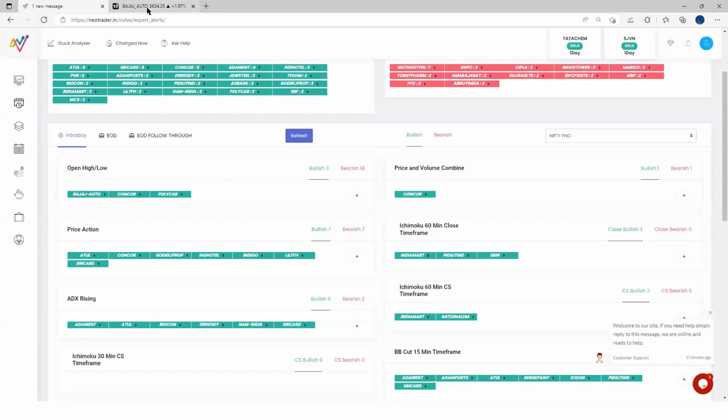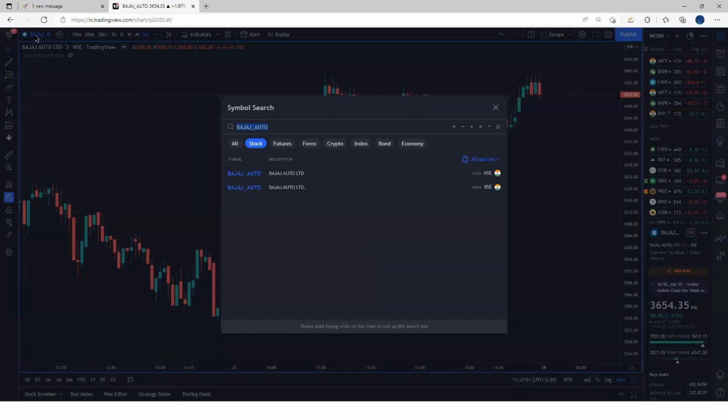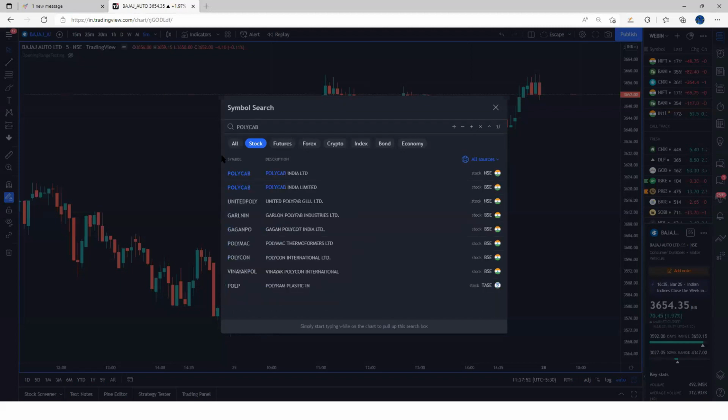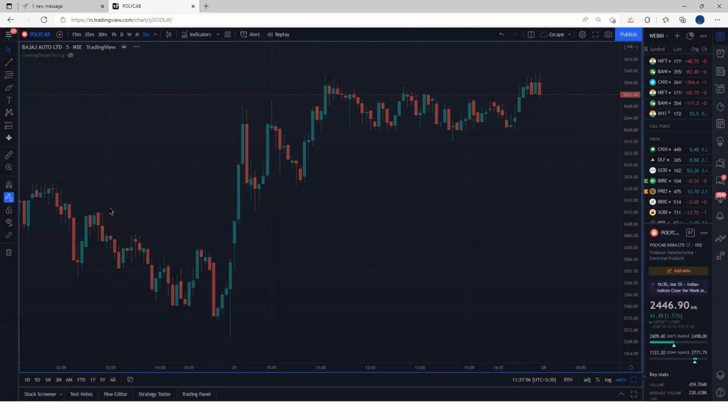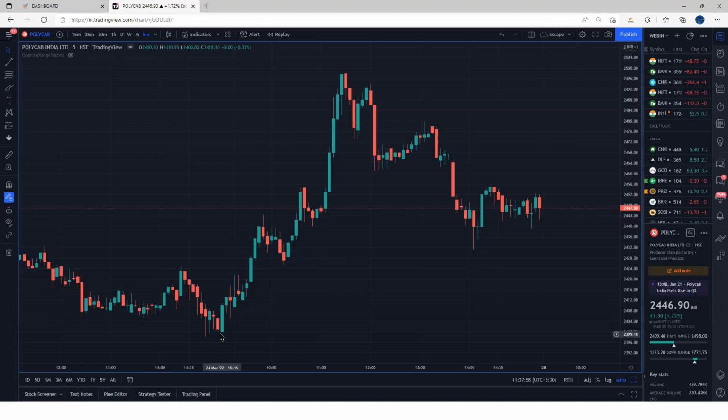Now, Polycab. You just have to load the chart, and the moment it is loaded, you can see here that Polycab loaded, open is equal to low, and then the movement. What is the move? From 2408 to 2500.